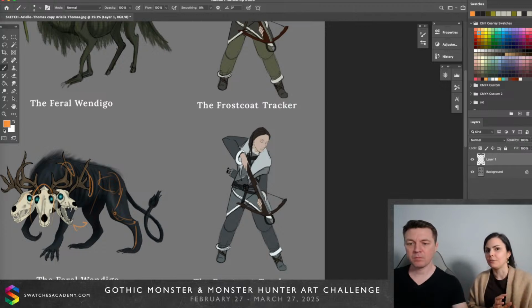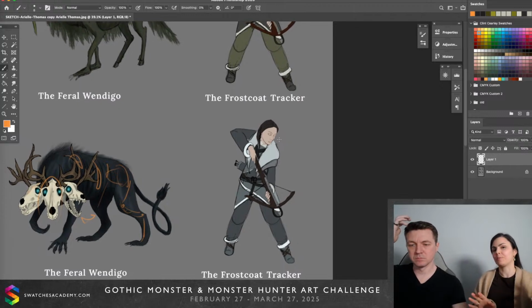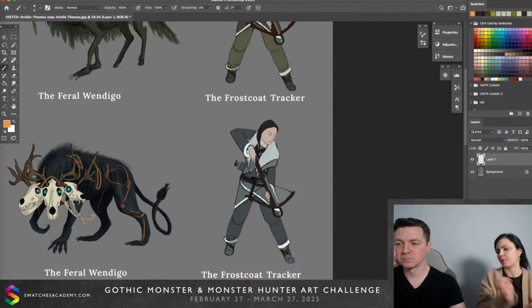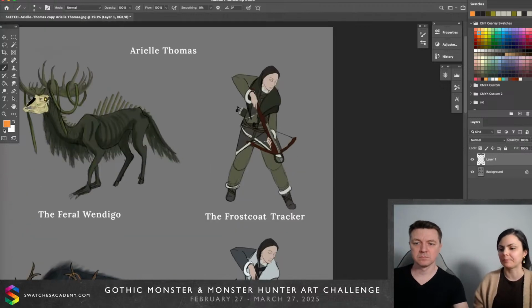I would actually do the opposite. I would make them different color palettes so that they are a little bit more separate from each other. So if you're going to do a Wendigo going more gray blue, I would maybe make the tracker's costume a little bit towards the brown or towards the green or something a little separate from it.